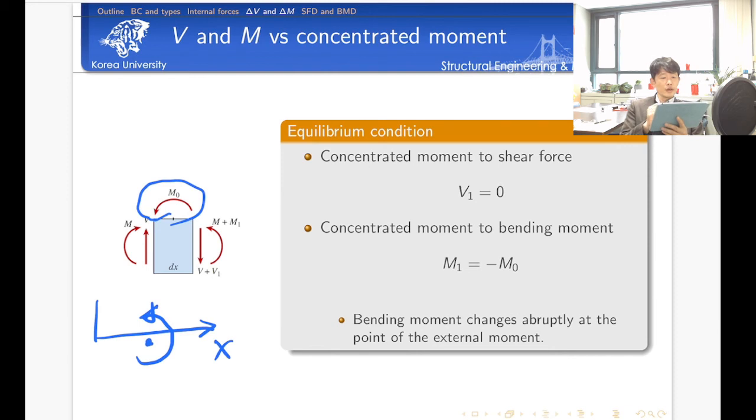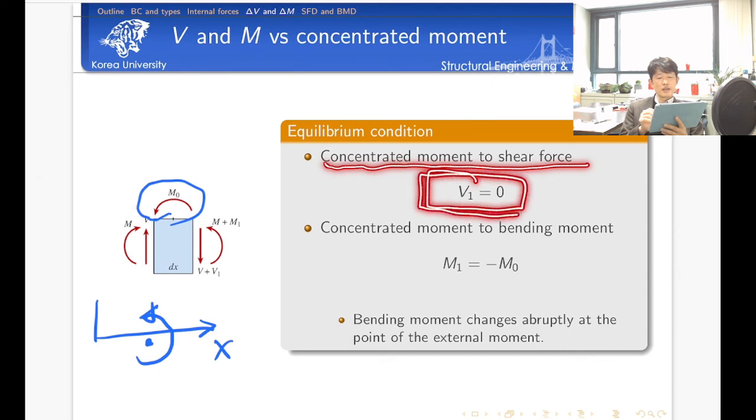So again, similar to the previous discussions, we want to consider the reference moment and reference shear force. If you consider some distance here, there must be a change of shear force and change of bending moment. Because this is a moment, if you check the force equilibrium in the vertical direction, we can easily understand that there must be no change in the internal shear force.